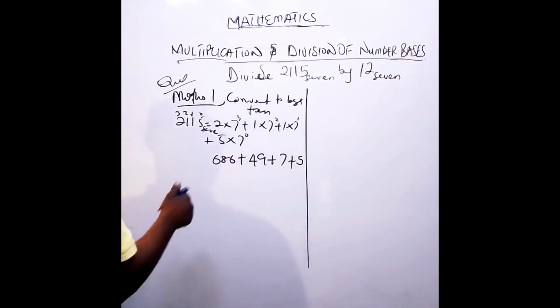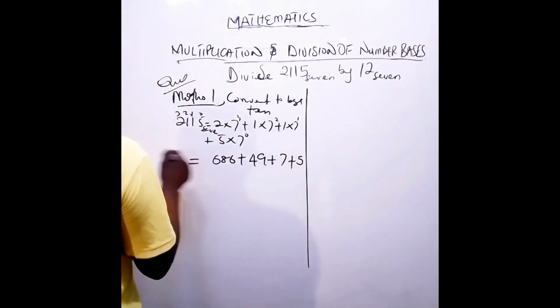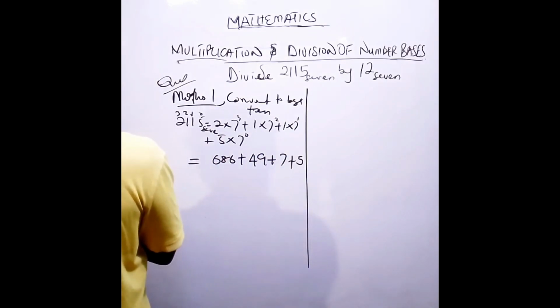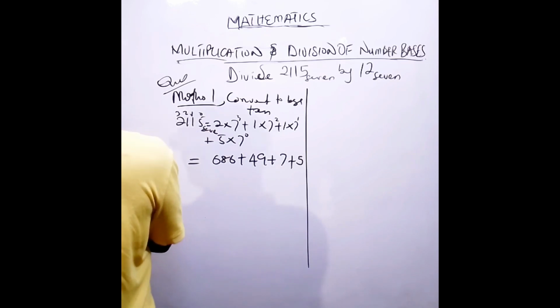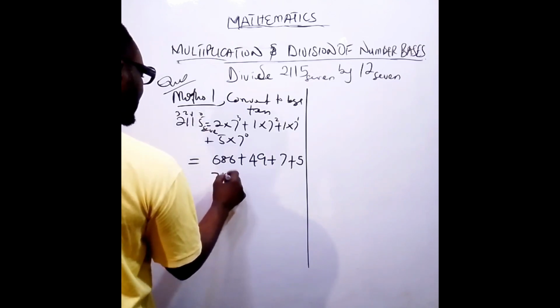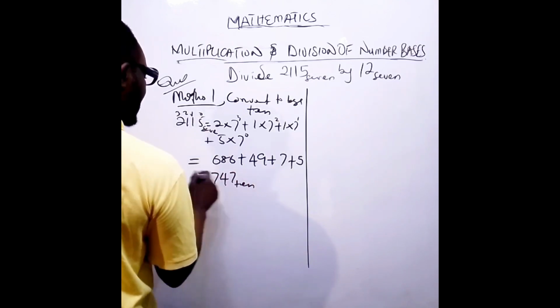So we are adding everything together: 686 plus 49 plus 7 plus 5 gives 747 base 10.